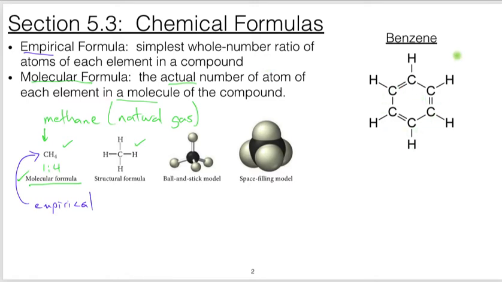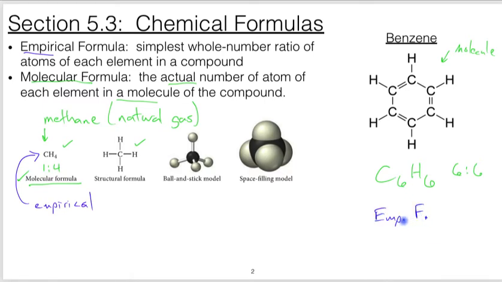So again, what I'm looking at here is the molecule. If we were to zoom in, benzene would basically look like that. If I count up the number of atoms here, what I have is that formula. I got 6 carbons, I got 6 hydrogens: C6H6. So I'd say the ratio is 6 to 6 in this particular formula. But notice, that is not the empirical formula.